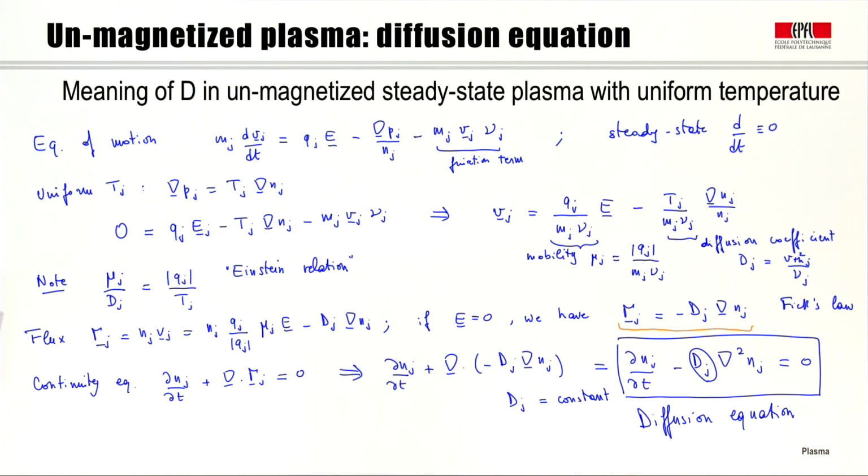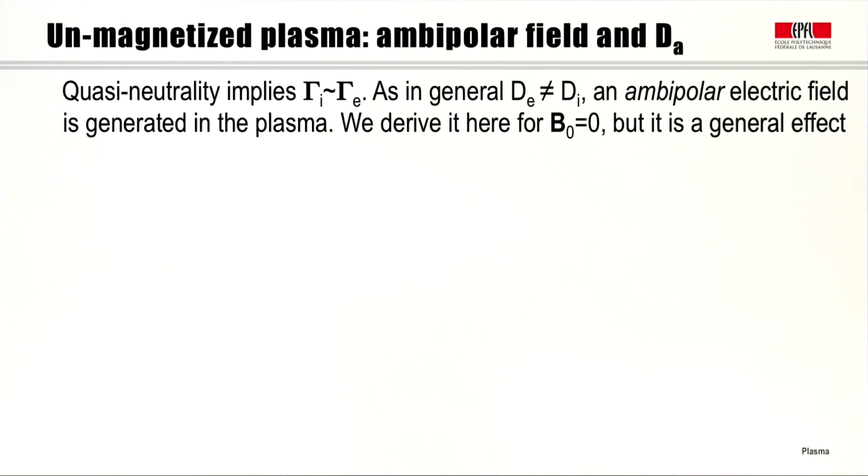species j. Now a further consideration is that plasmas tend to be quasi-neutral. In other words, the density of electrons and ions, if we assume singly charged ions for simplicity, have to be equal. So that means that the fluxes need to be equal for electrons and ions, or quasi-neutrality will not be maintained.